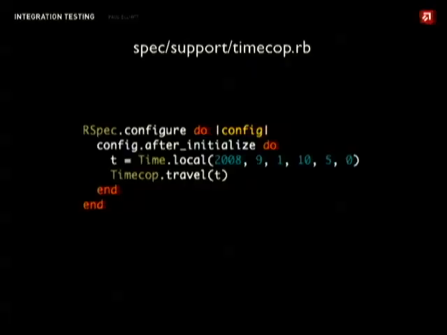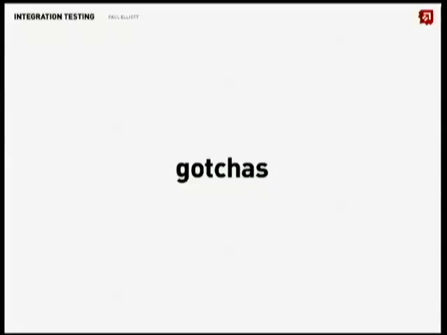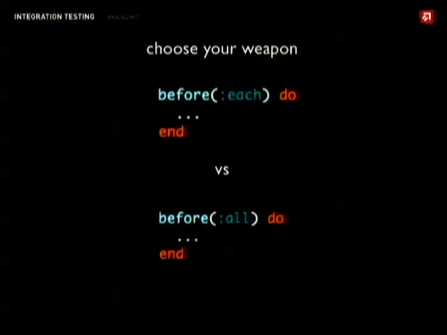Another problem we have commonly is dirty dates. We use something called timecop and travel to a specific date. Whenever you're dealing with stuff that is date dependent and you don't know what day it is, it makes everything a lot easier when you set the system time. There's always some gotchas along with this. One thing is before each and before all.